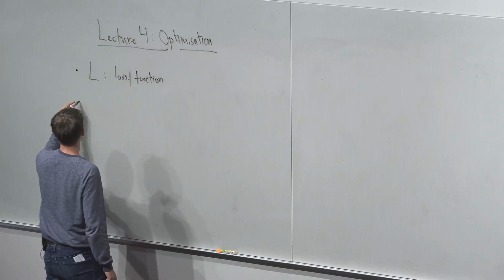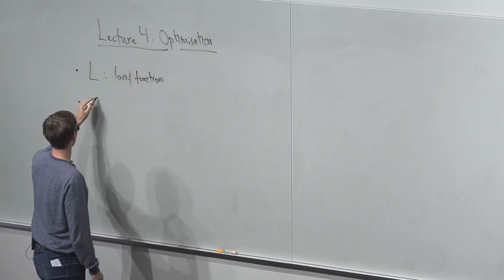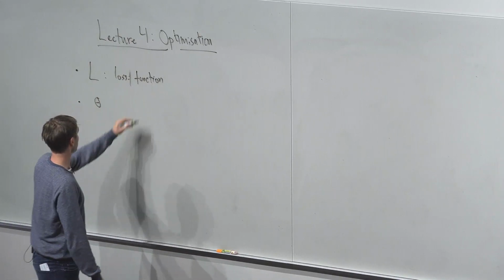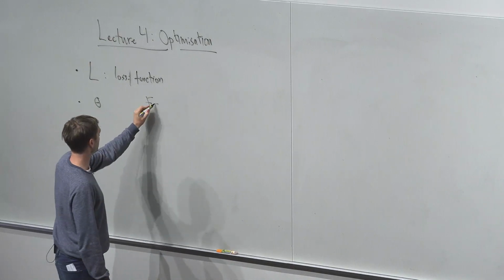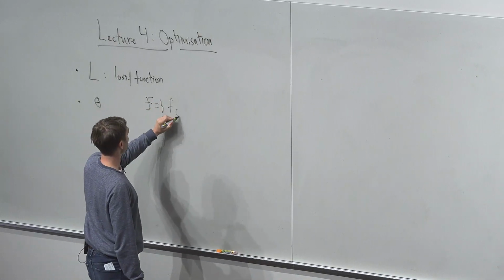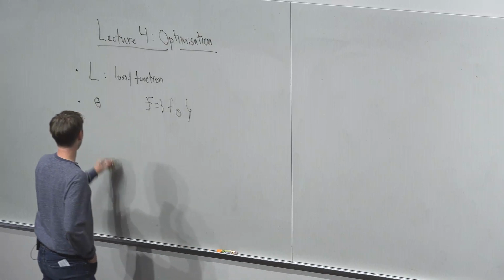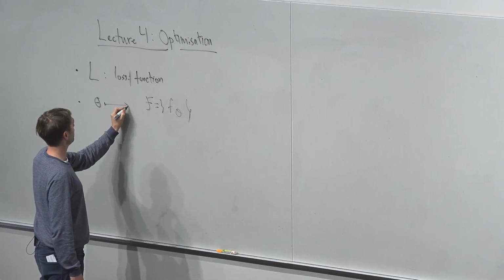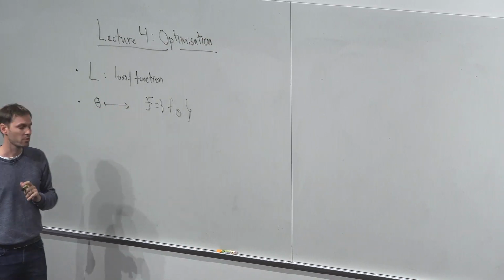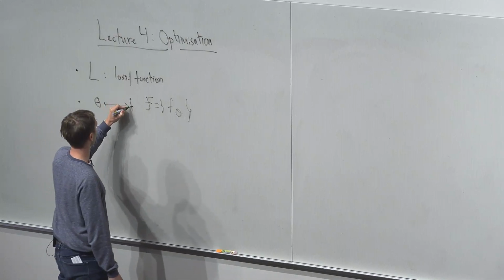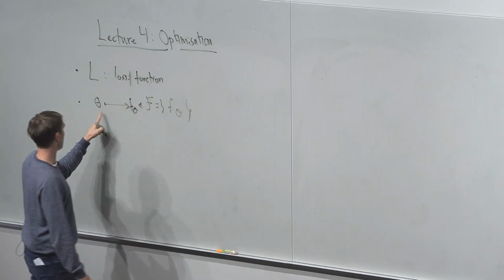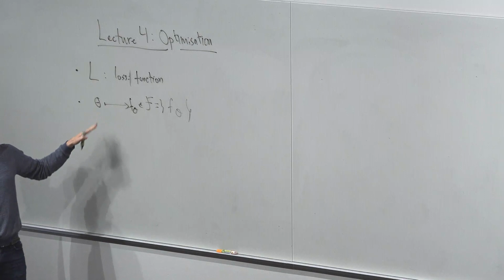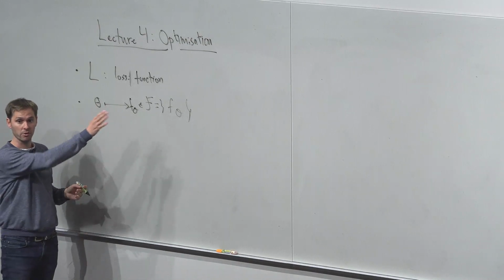And now we're going to consider a function space F that contains functions. Let's assume that we have a procedure to visit this function space, in other words, we have a mapping that goes from some space of parameters to the corresponding functions.